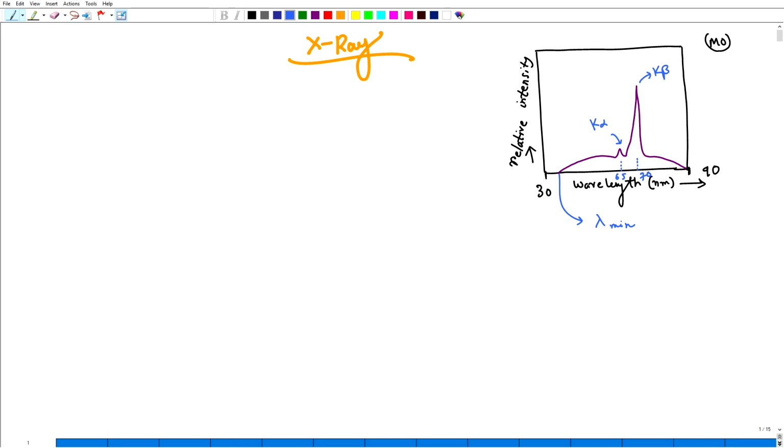Now we can see there are two characteristic peaks, K alpha and K beta, and the rest of the spectrum is totally continuous. So what was the reason behind this kind of spectrum? Let me write it.